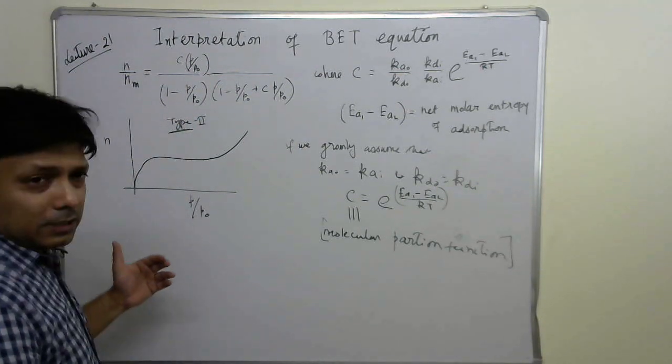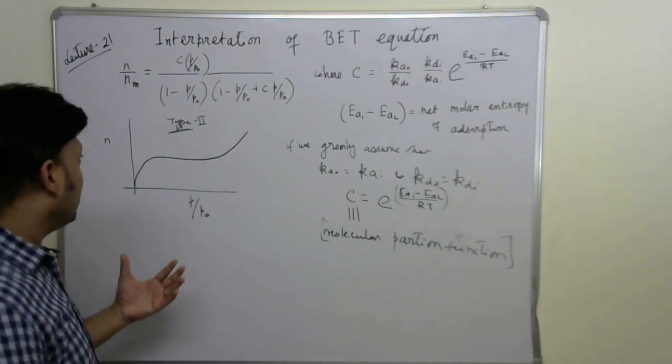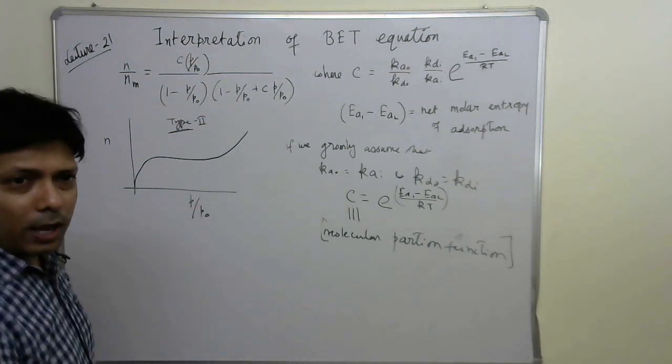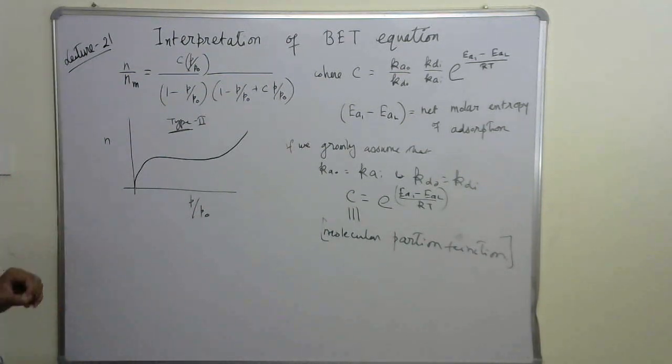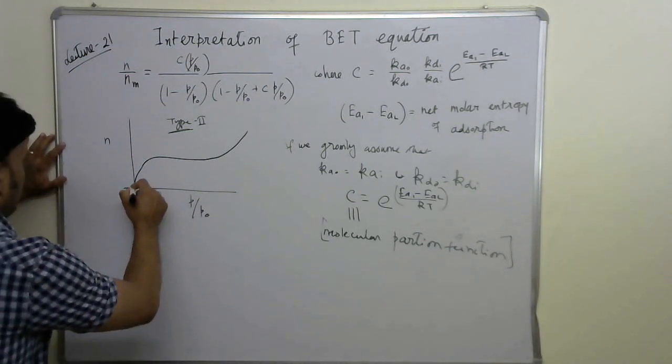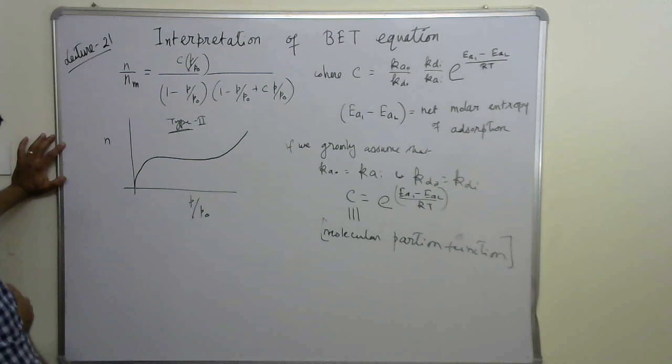So now the question is, if this is type 2, fine, then how can we explain the type 3 and type 1 isotherm from this? Okay, so now let's come to that point. There is an inflection point over here.